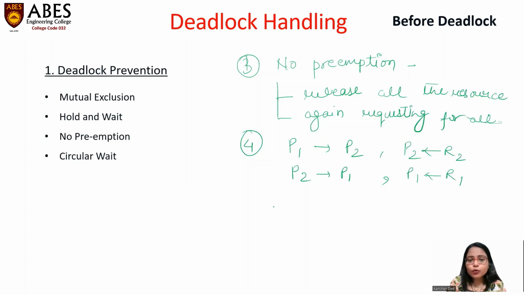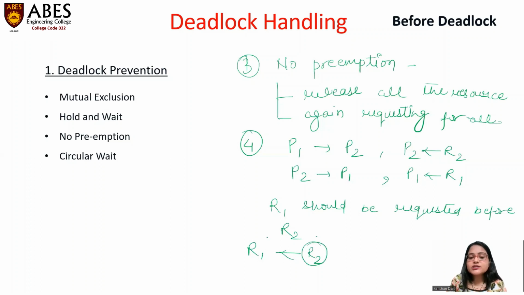So what we can do is make a sequence of resources, like R1 should be requested before R2, right? How will it be possible? If any process has R1 already allocated, then only R2 can be allocated. So this is the sequence: first each and every process will try for R1, and when R1 is allocated to a process, then they will go for the request on R2.